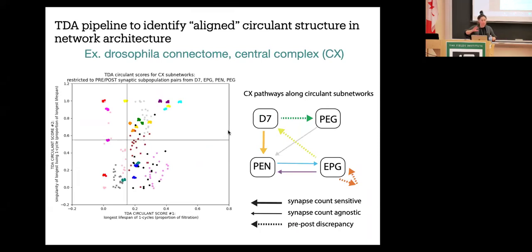I'm just going to walk through it really quickly, flash you the next one and wrap it up. Okay, because I didn't give you a color key, these are the subnetworks that I've identified as having aligned circulant subcluster structure. The arrows go from presynaptic to postsynaptic population.